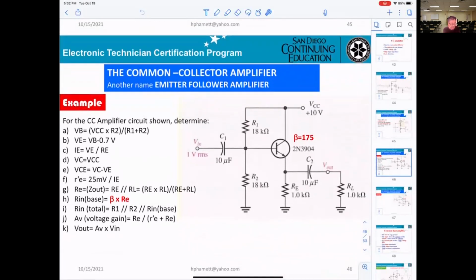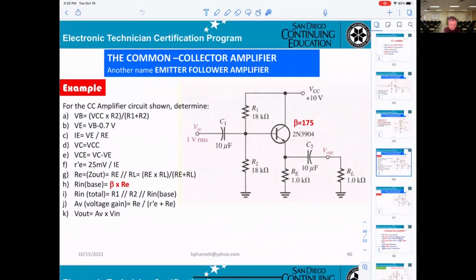Now, what we want you to do is this calculation for me. First they want VB, and they want VE, IE, VC, VCE, R prime E, R small e, R in base, R in total, and they want the gain and the V out.